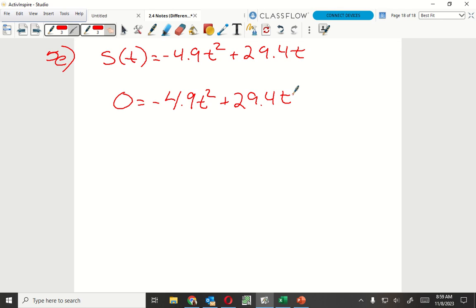I'm going to look at that problem. I'm going to say F that. Can you factor anything out of it? Possibly. Did you at any point take 29.4 and divide it by 4.9?